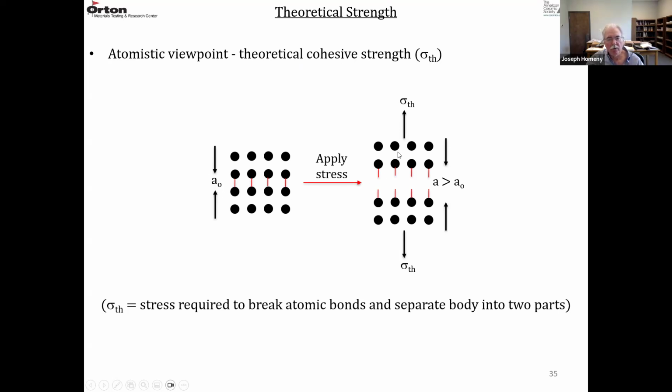So we apply a stress, sigma theoretical, and we break those bonds. So now the interatomic separation A is much greater than A0. The bonds are broken. So the sigma theoretical is the stress required to break the atomic bonds and separate this material into two parts.